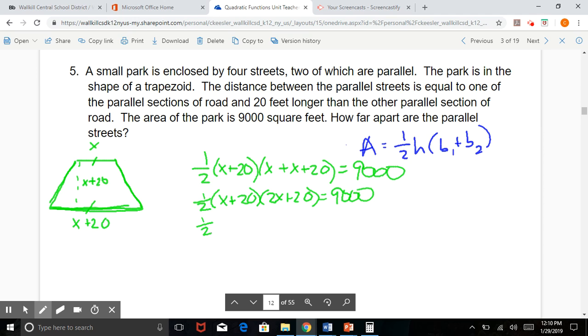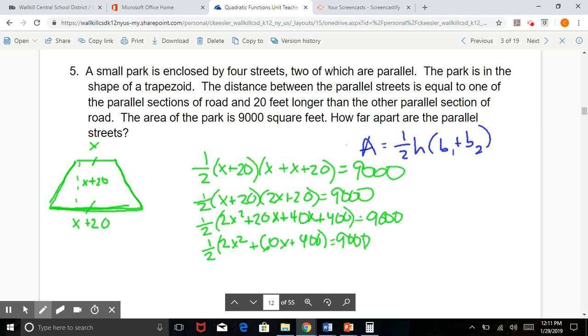So 1/2 x times 2x is 2x squared. x times 20 is plus 20x. 20 times 2x is plus 40x. And 20 times 20 is 400. Equals the 9,000. Then bring the half down, simplify the parentheses. 2x squared plus 60x plus 400 equals 9,000.